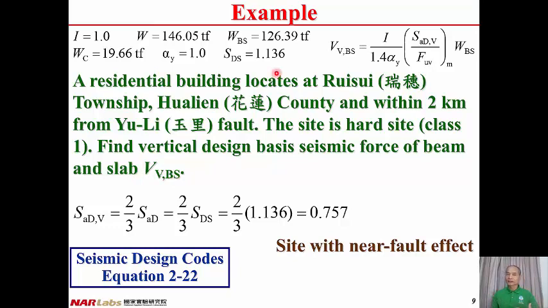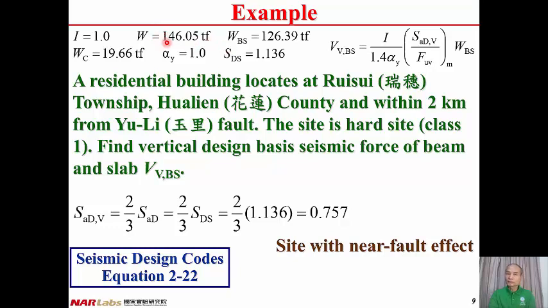From previous lectures, we have already had some information about this building. I, the importance factor, equal to 1.0, W, the total weight of the structure, equal to 146.05 ton force.